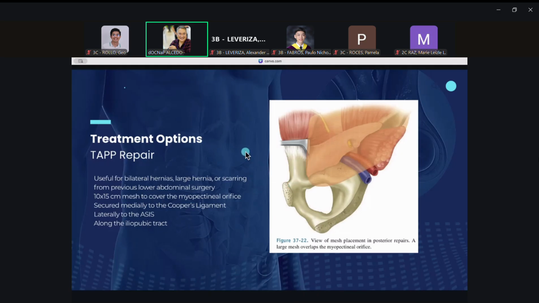So just to show you the final resting place of your prosthetic mesh in a TAPP repair, okay, and its relationship to the anatomic structures.